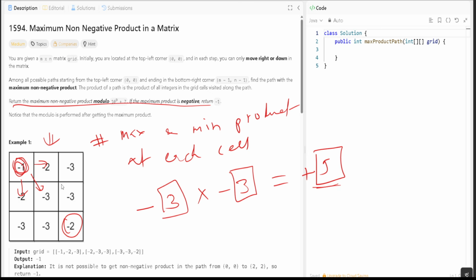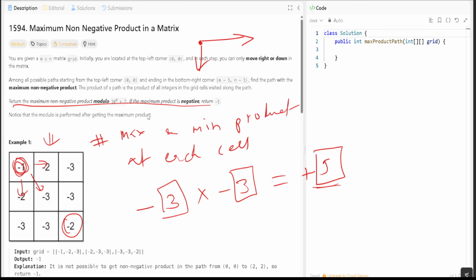You can only move either right or down, because the cell concept is that you start from (0, 0) and go either a right step or a down step. We have to find the path whose product of all the visited cells is the maximum non-negative value.